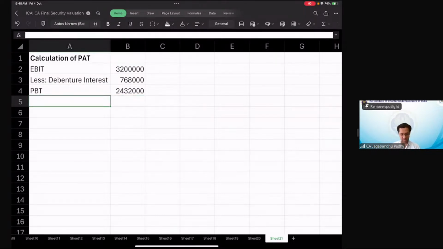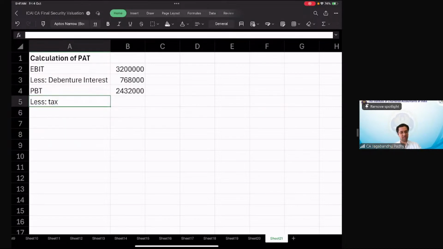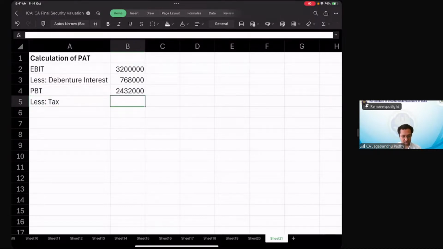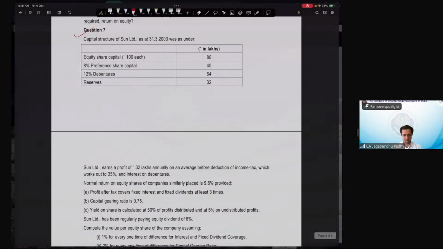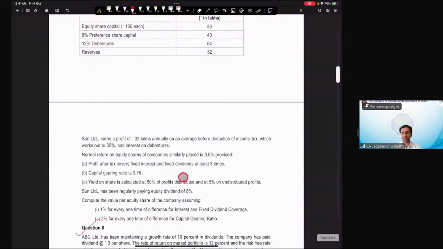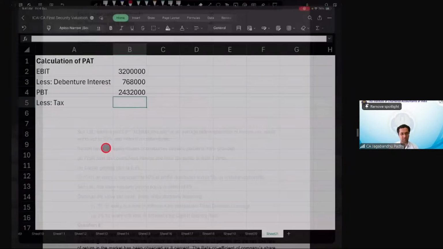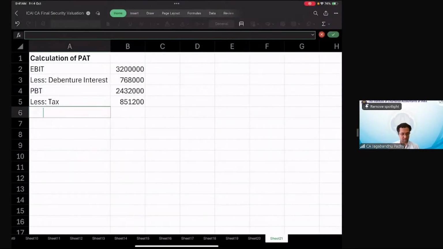Now after PBT, we are going to reduce the tax also. Less tax. What's the tax rate given to us? Income tax is 35%, right? So it's going to be PBT multiplied by 0.35 as the tax. Then we have the profit after tax.